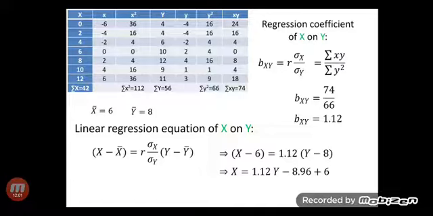So x equals 1.12 y minus 1.12 into 8, which is 8.96, plus 6, taking the minus 6 to the right hand side. So finally we get x is equal to 1.12 y minus 2.96. So this is the regression equation of x on y.